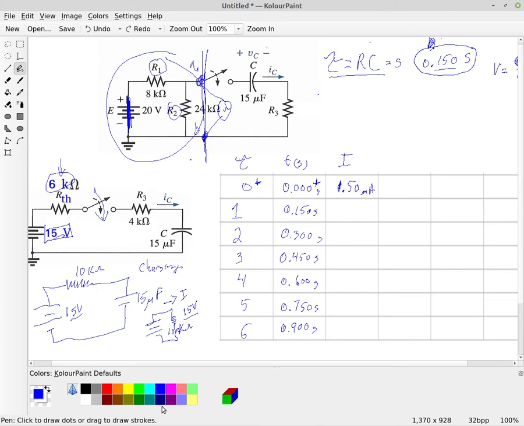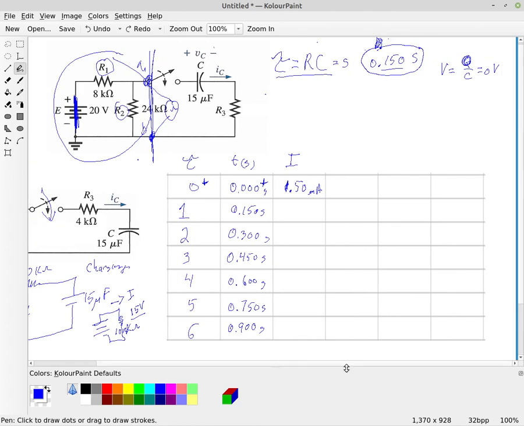All right, and so once you do that, now this thing starts charging. But we know that the voltage across the resistor, when we first turned that on, was the 15 volts, and the voltage across the capacitor was 0 volts.